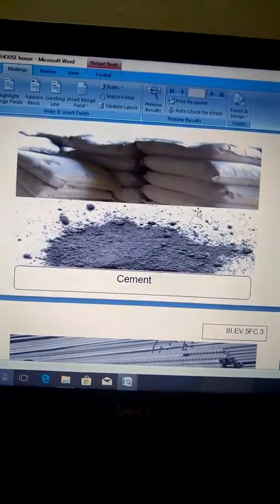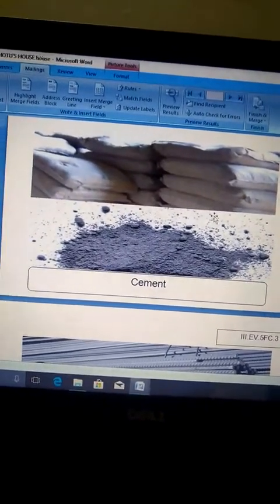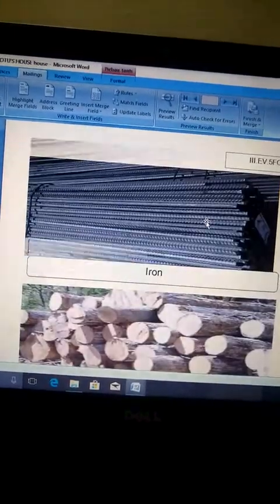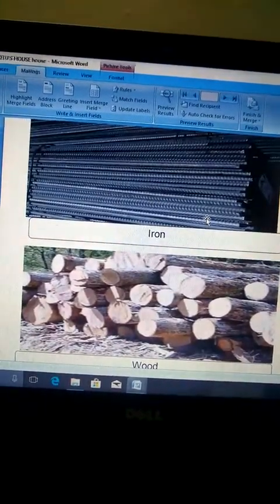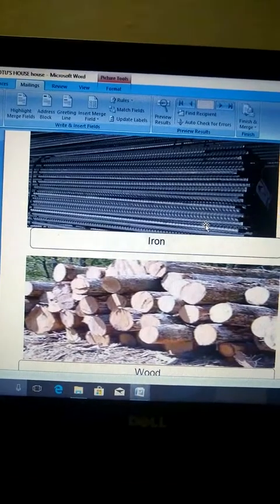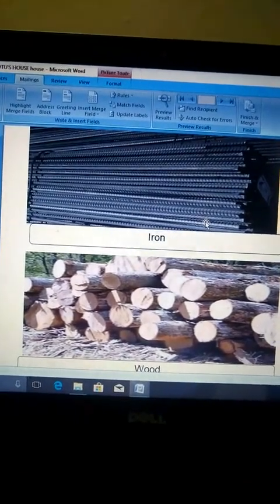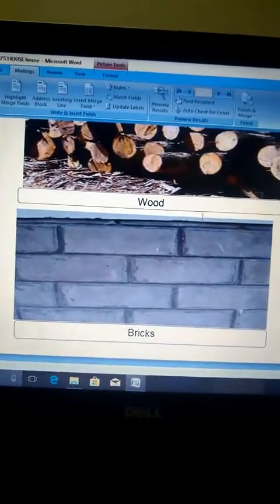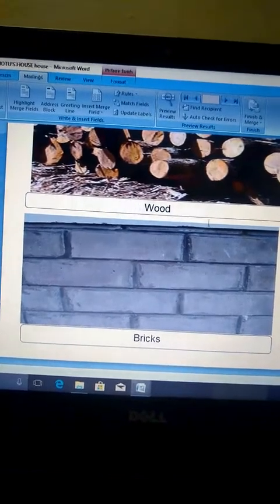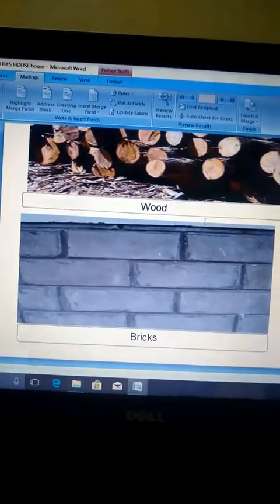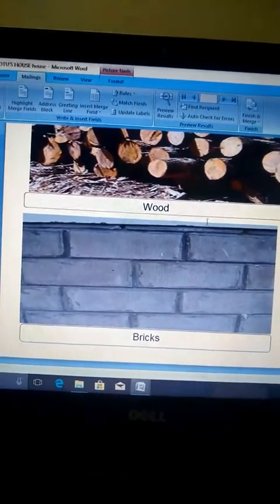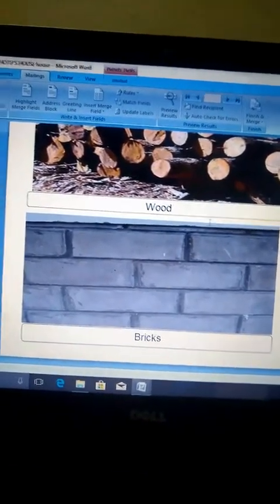It is cement. This is iron, wood, and bricks. All these things are used to make a house. Okay?